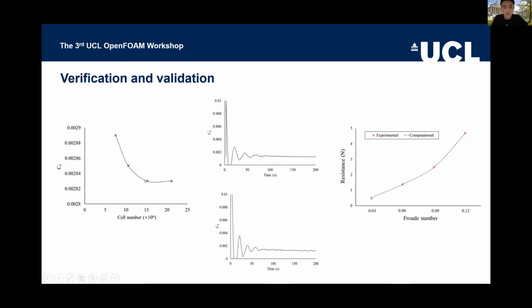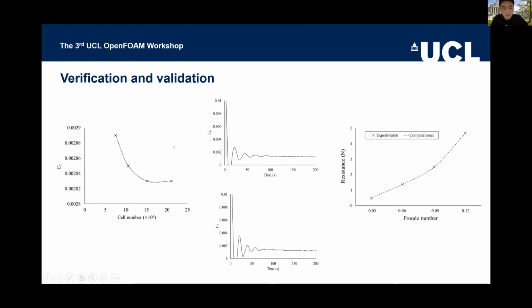But when it comes to the convergence point, it will be something like this. When you continue to increase the mesh density, it wouldn't change the results that much. And this is also why I recommend using the Courant number, because when you change the cell size, you don't need to calculate the time step again. It's automatically done for you. So I highly recommend you turn on the adjustable time step.